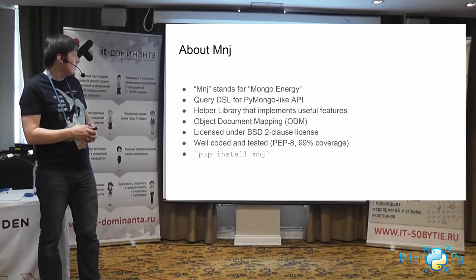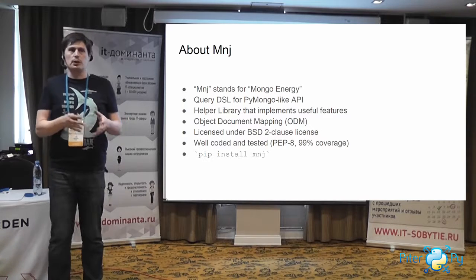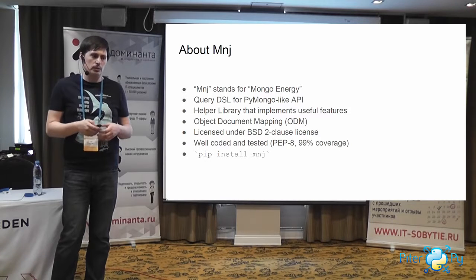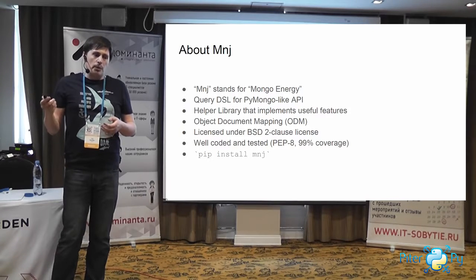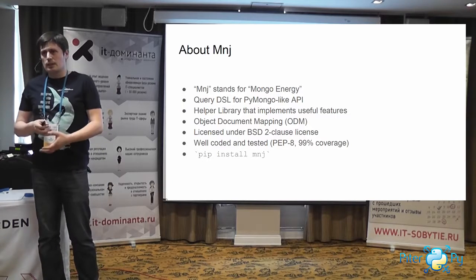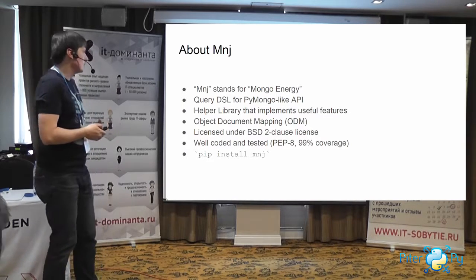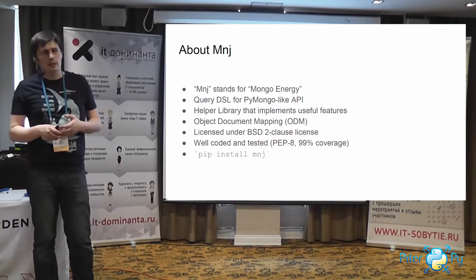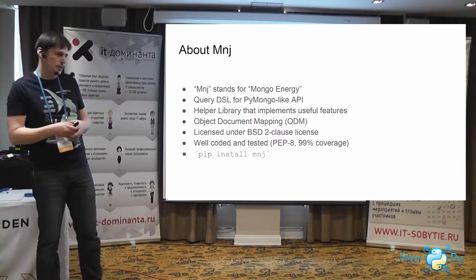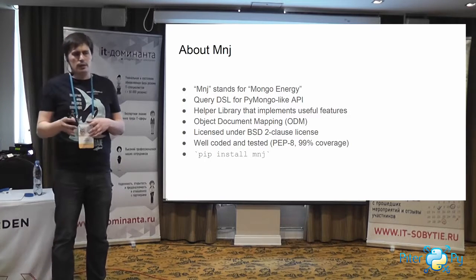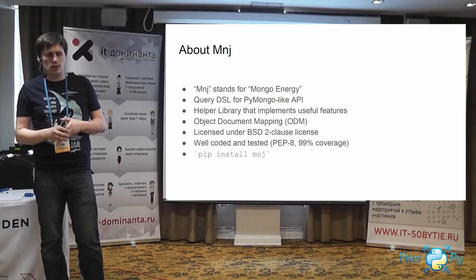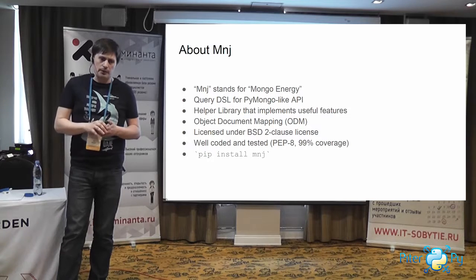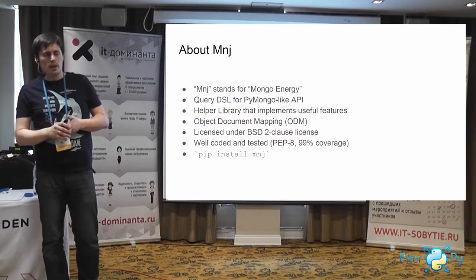Firstly, it's a query DSL. It's a thing that could help you write PyMongo in a less error prone way. And the second part of the Mnj library is some features that we want to implement, and they are really in early stages, and we just prepared for them. But you can find the plans on GitHub.